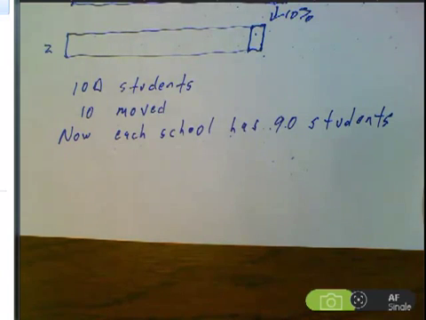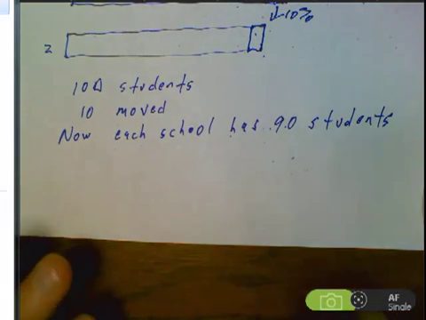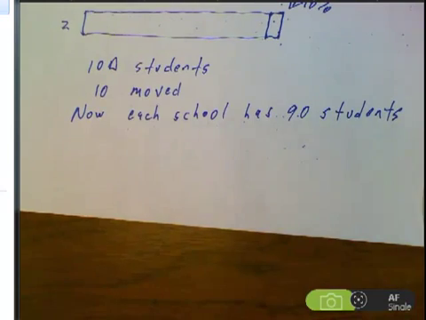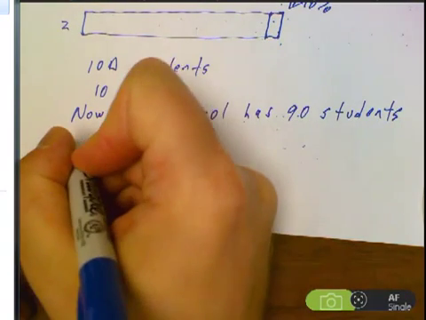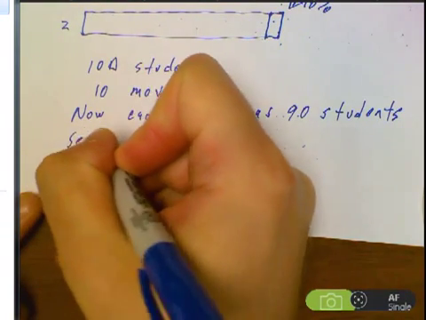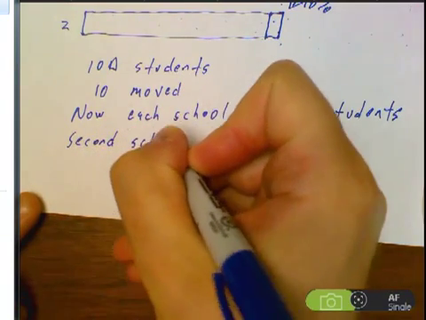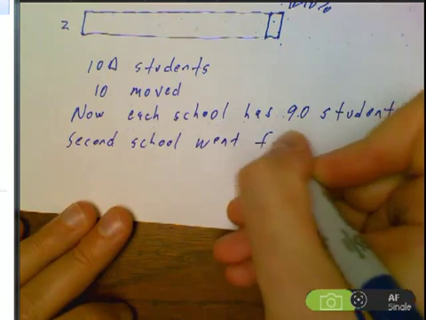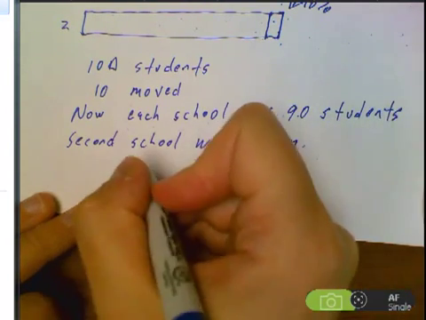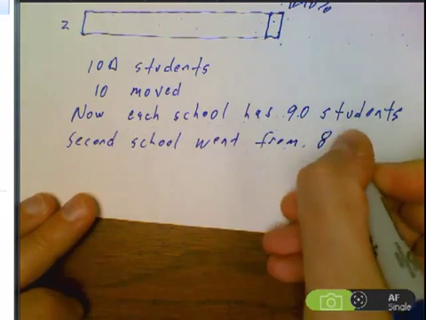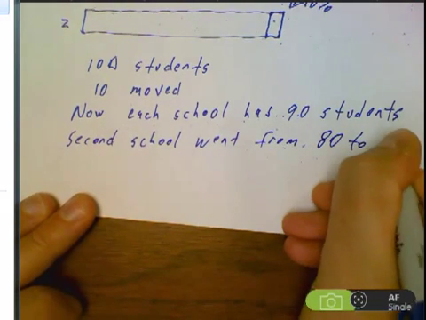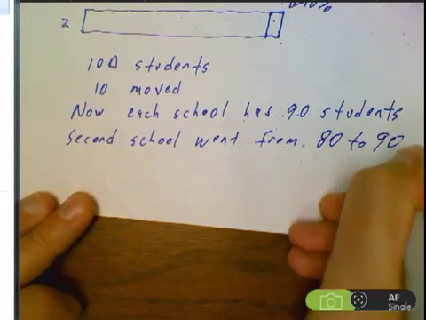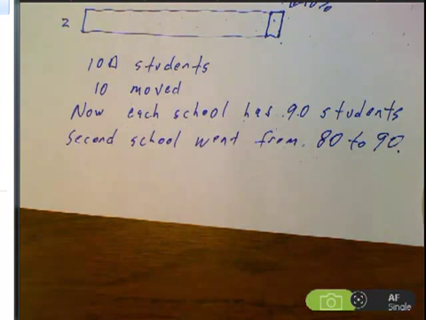Now, by what percent did the number of children at the second school increase? Okay, so 10 moved, so the second school went from 80 to 90 because they gained 10 students. You might think, well, the other school lost 10%, so this school must have gained 10%.